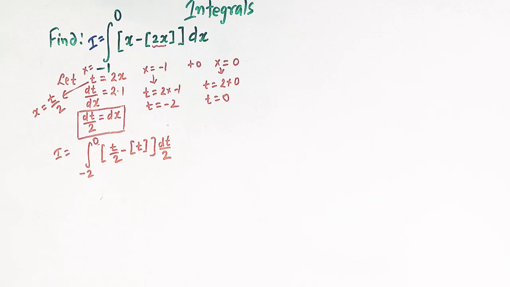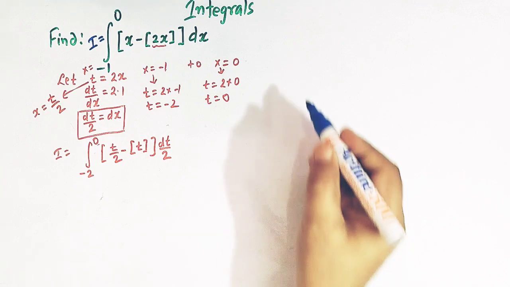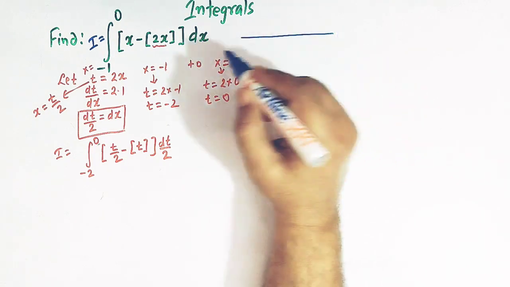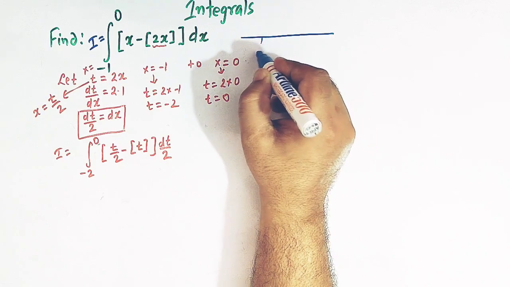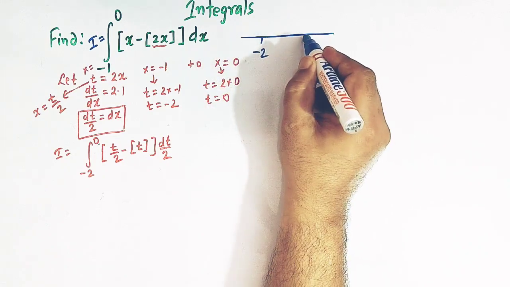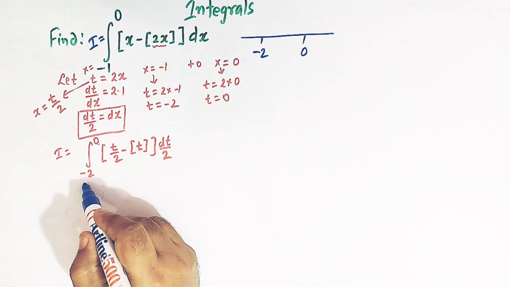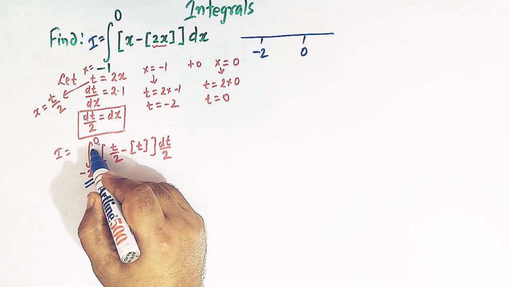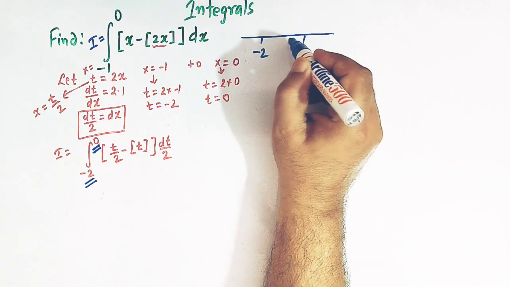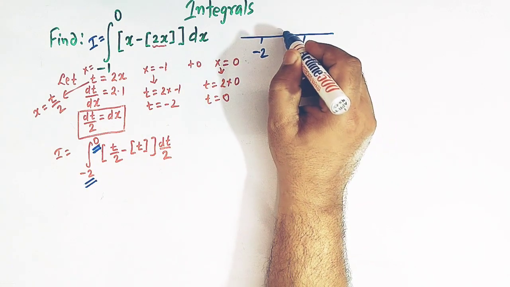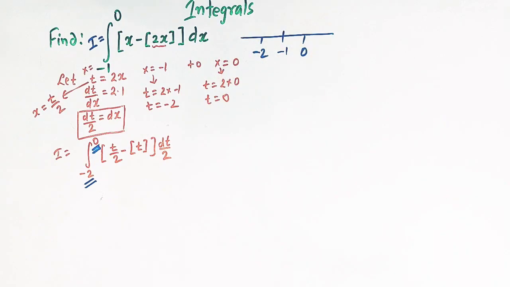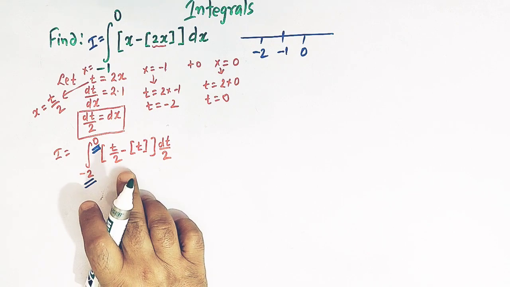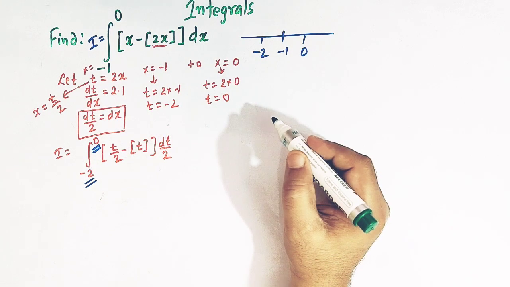Okay, now see, whenever we come across the greatest integer function, our prime aim is to search for integers, right? Now see, here the limits of integration are from -2 to 0, right? And we know that between -2 and 0 we have the integer -1, right? So here what we will do, we'll split this integral as a sum of two integrals, right?